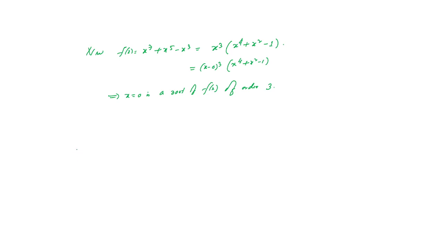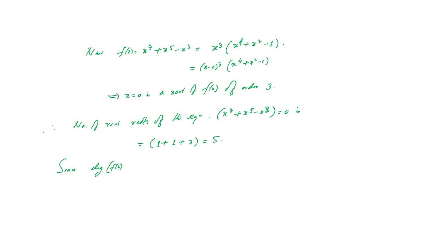So now we'll think about the number of real roots. Therefore, the number of real roots of the equation x^7 + x^5 - x^3 = 0 is: the number of positive roots is 1, the number of negative roots is 1, and 0 is a root 3 times. So that means it is basically 5. Since the degree of f(x) is 7, it has 7 roots.